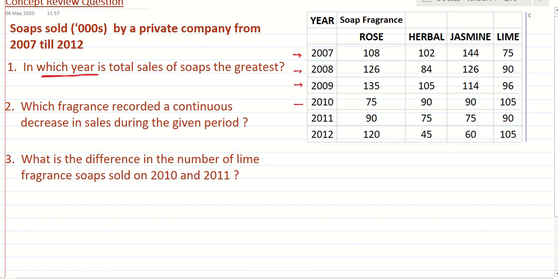Which year? So I should look at the row. Correct, no? The columns are given in the fragrances, not the year. Correct. So can we eliminate this option, this and this and this, and this? If you look at the data, we can eliminate.